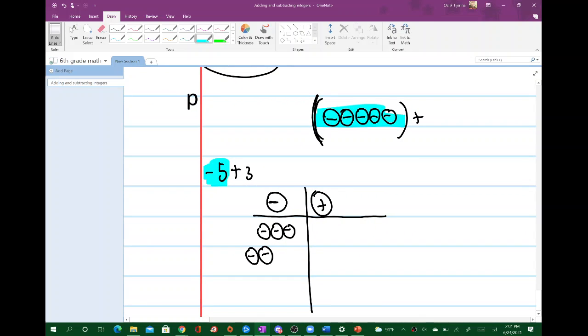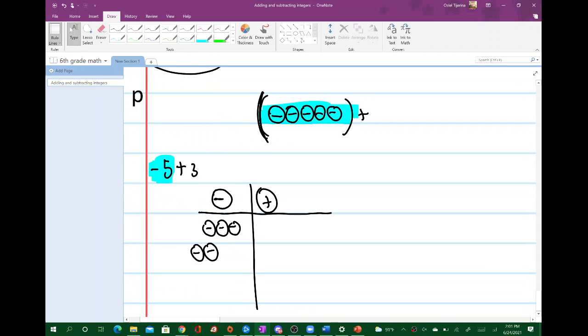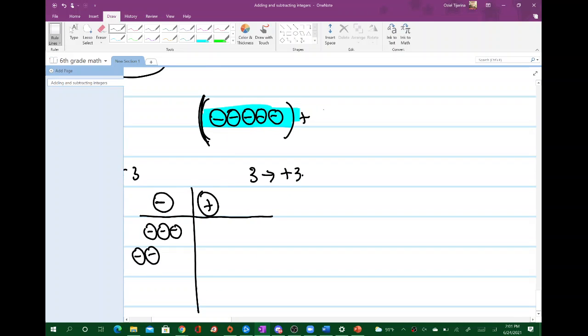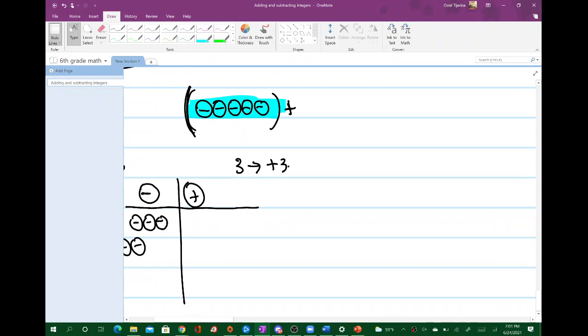All of this, right? 3 is really just plus 3. It's positive 3. 3 is the same as positive 3, right? So if we say plus, and then we just have a 3 here, we have 1, 2, 3, right?